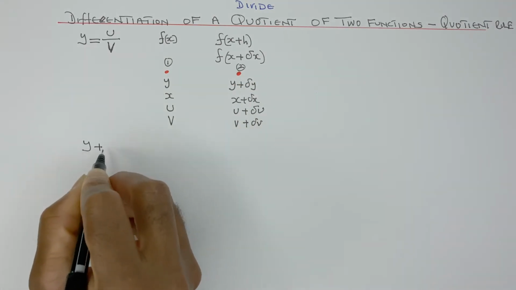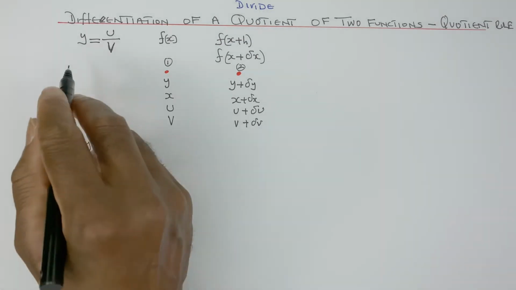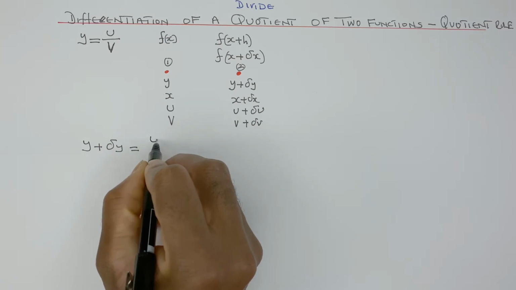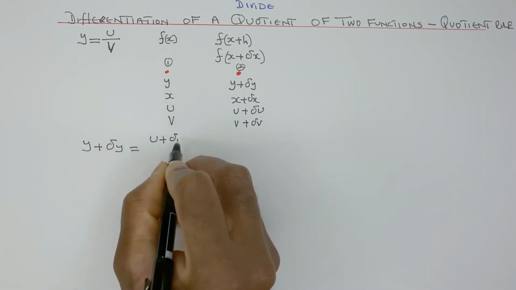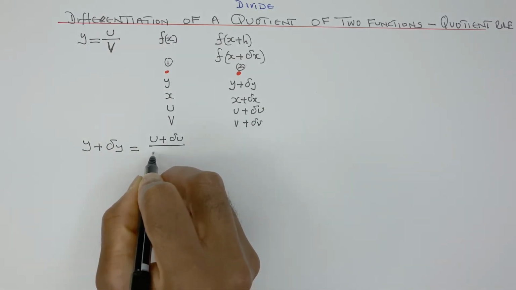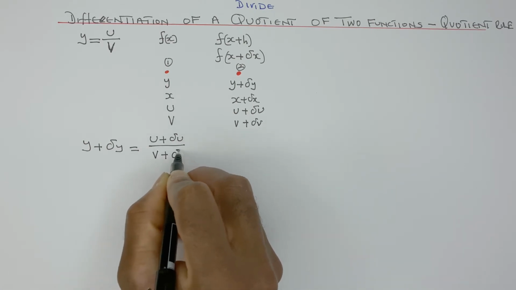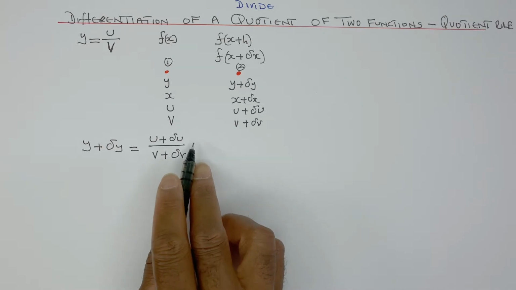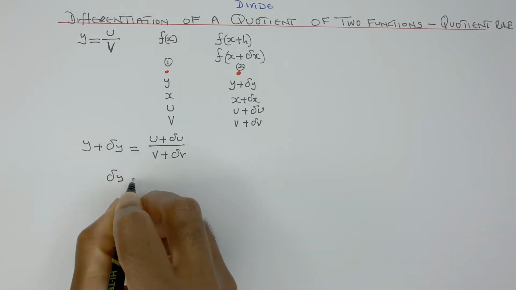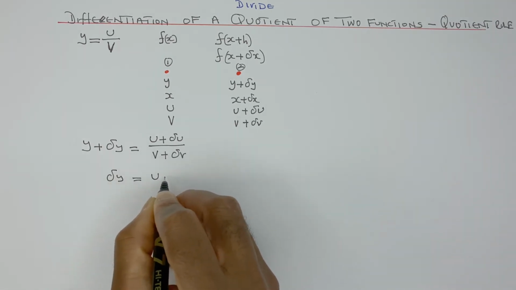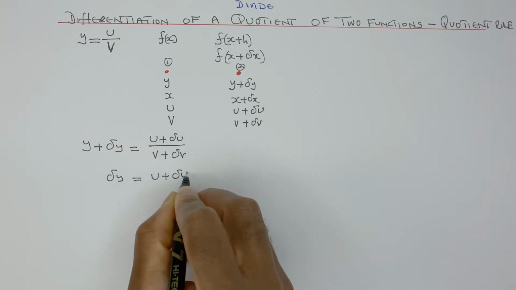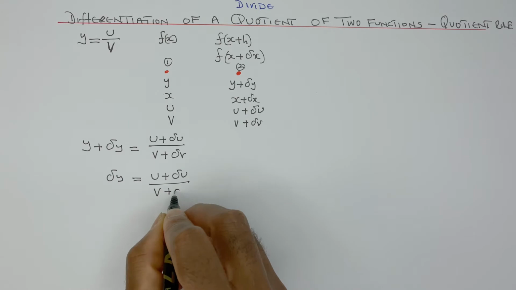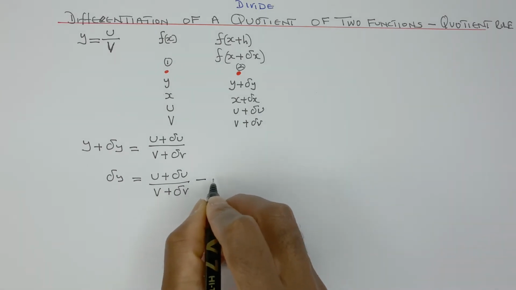Y plus delta y. We know what y is. So y plus delta y will be u plus delta u over v plus delta v. But I need to find delta y, so I need to take y to the other side. It becomes minus. So delta y equals u plus delta u over v plus delta v, minus y.